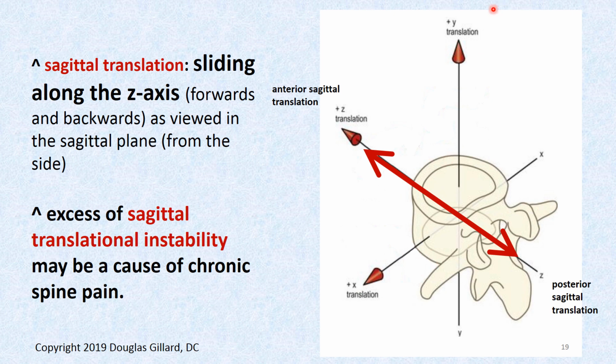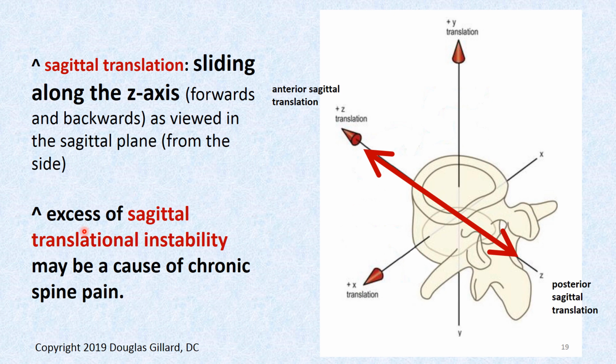We can observe from a horizontal view, an overhead view, an axial view, if you will, a transitional view, cross-sectional view, right? Or we can observe from a front, from a coronal plane. But right now we're observing from the sagittal, from the side.